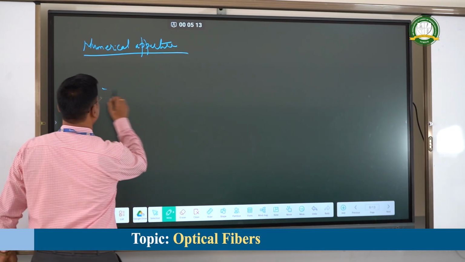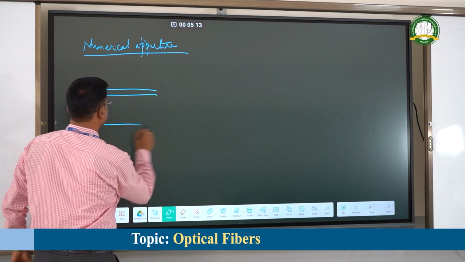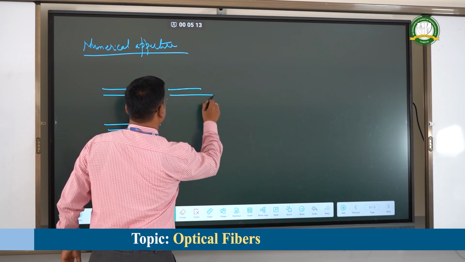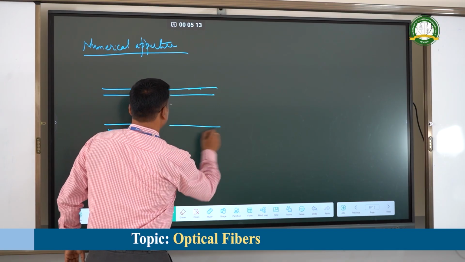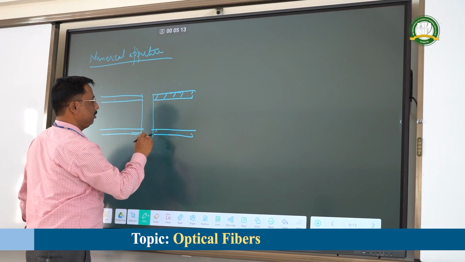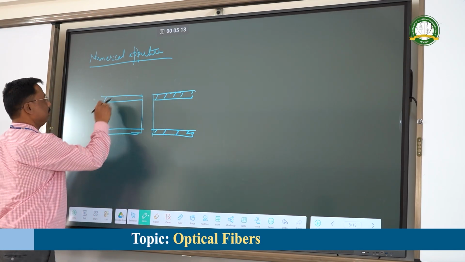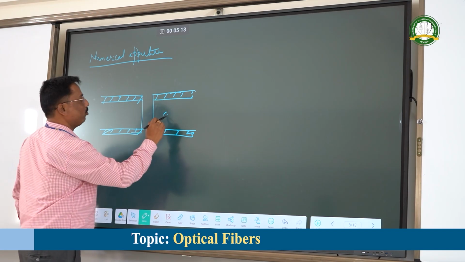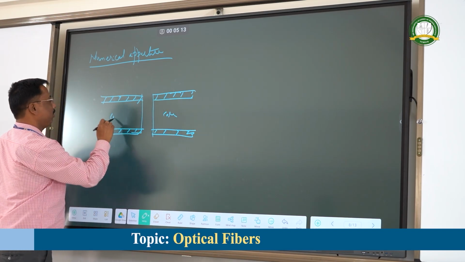here, I will take two fibers. This is cladding. This is also cladding. This is the core of one fiber. This is also the core of another fiber.